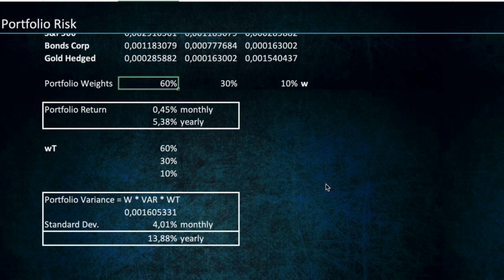So we'll see, if I put first here that I want to have 40% in the S&P 500, we get a higher return, but also a higher risk. However, if I change my percentage to 10% in the S&P 500, I will get the contrary, of course. So less return and less risk, as expected.